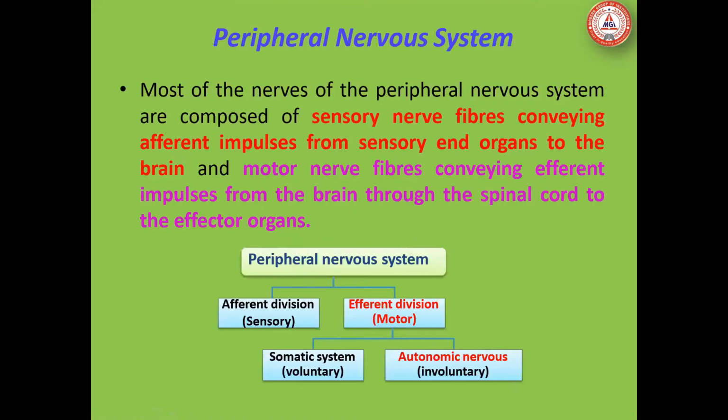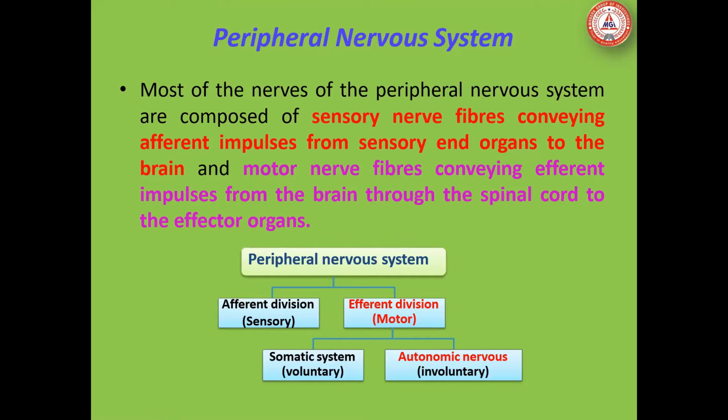Now, the peripheral nervous system. Most of the nerves of the peripheral nervous system are composed of sensory nerve fibers, that is conveying afferent impulses from the sensory end organ toward the brain.